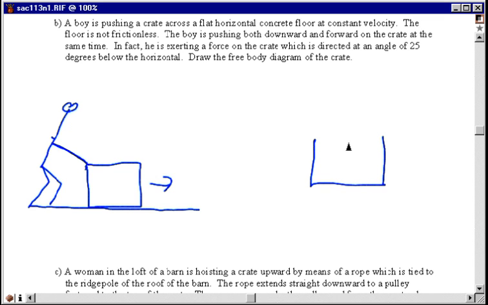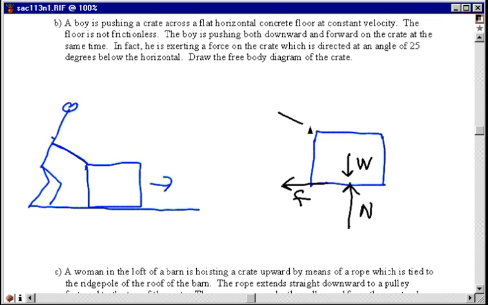Okay, I draw the crate itself. Then I'm supposed to indicate all the forces acting on the crate by means of arrows. Well, there's a floor touching the crate, exerting a normal force in the upward direction and a frictional force in the direction opposite that of the motion. So the object is going rightward in this picture. The frictional force must be leftward. We've also got the Earth exerting a force on it.